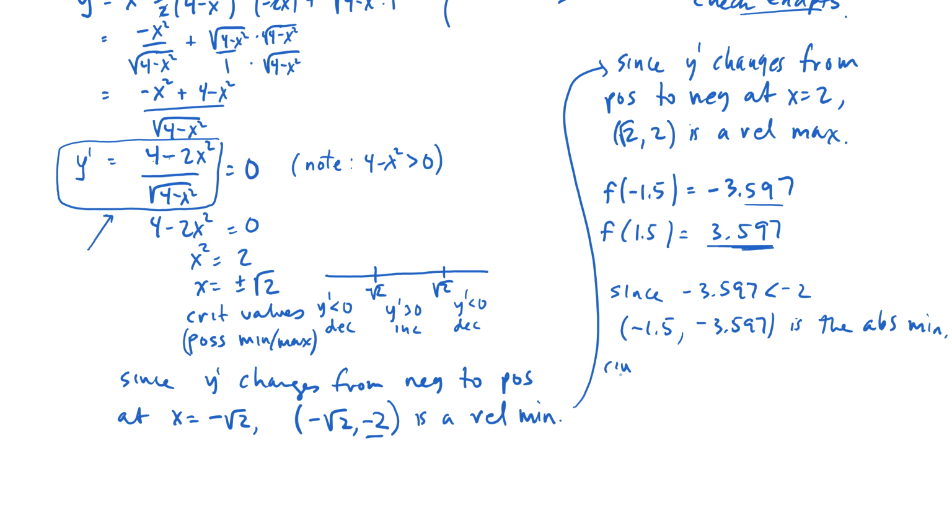Since 3.597 is greater than 2, the point 1.5, 3.597 is the absolute max. Okay, that's what you need to have.